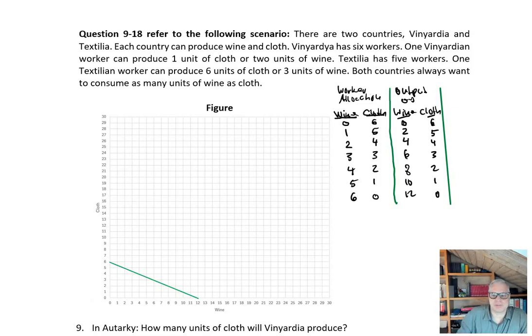Now let's do the same thing for Textilia, but here we have only 5 workers. So how can we allocate them? And let's just do it again. So I do that here, worker allocation, towards wine and cloth.